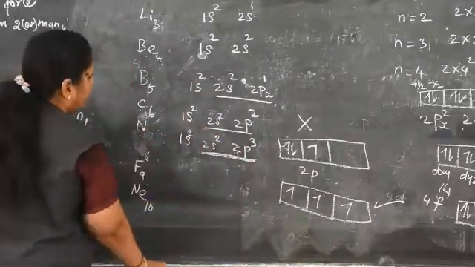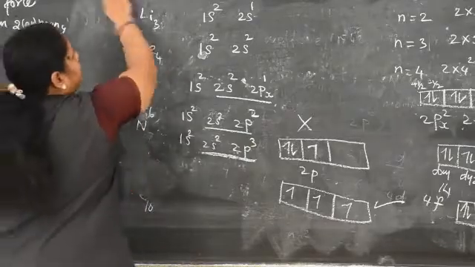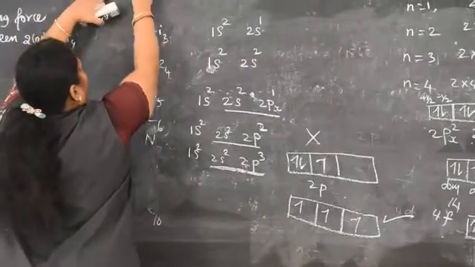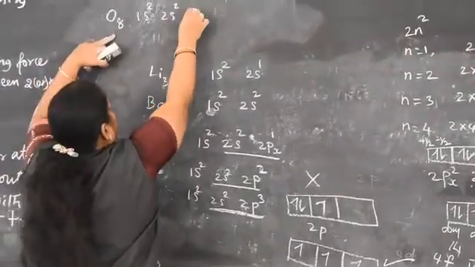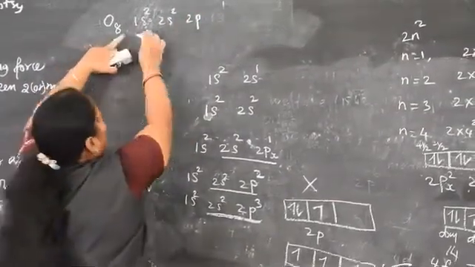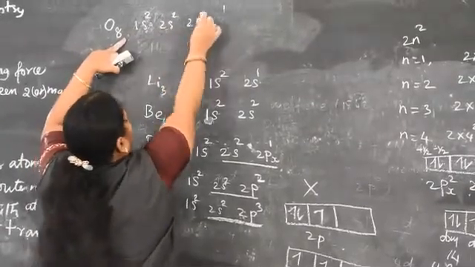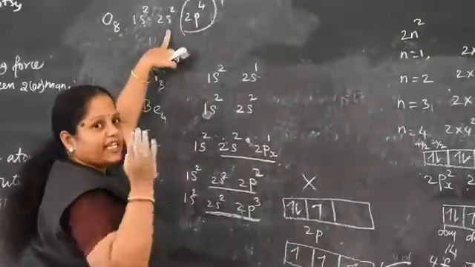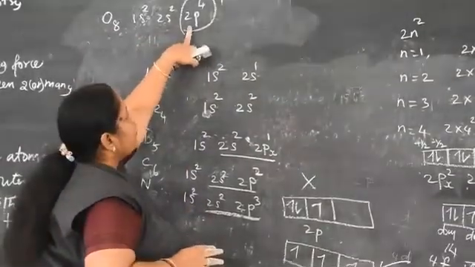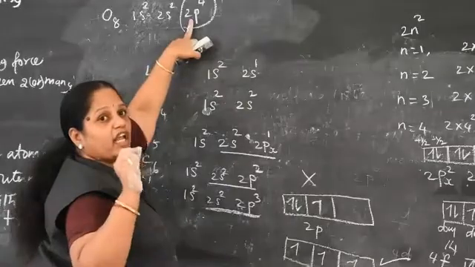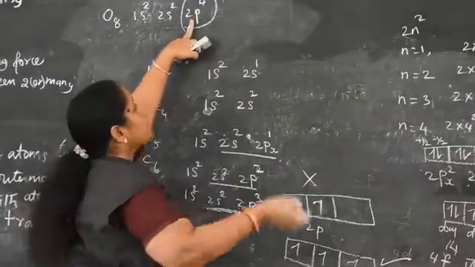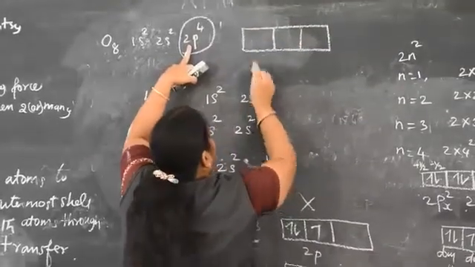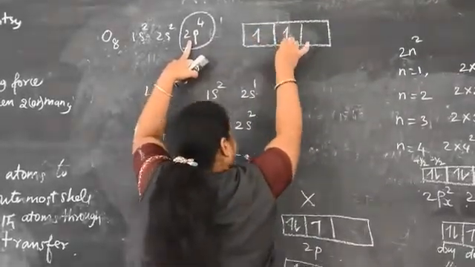Next you go for oxygen. See that. Oxygen, atomic number 8. 1s2, 2s2, 2p4. In the p orbital the maximum is 6. The outermost shell is 2p, in which there are 4 electrons in total. The p orbitals total 3, so first 1, 1, 1.